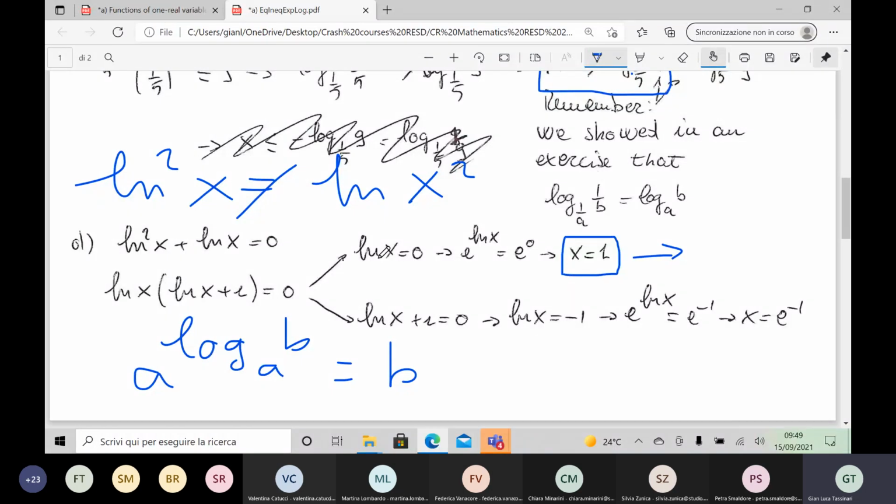So 0 is the exponent I have to give to e to get what? The argument of the logarithm. So I got e to the power 0 equal to x, but e to the power 0 is equal to 1. So we got that x is equal to 1. Okay, it's equivalent, guys.